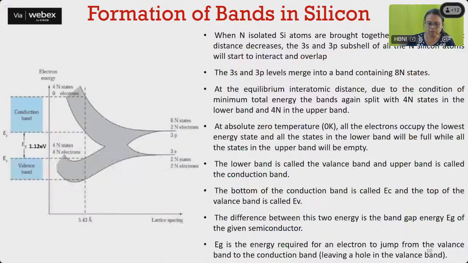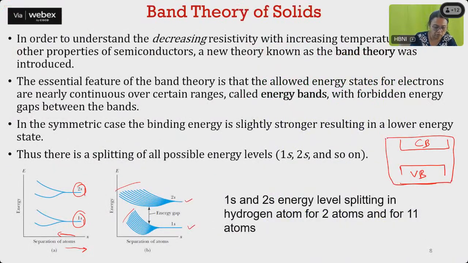Now if we go back to our earlier slide, let us assume that we have two electrons, one electron each. We are considering the case of a hydrogen atom, say. We have 1s with one electron, and there are two hydrogen atoms.